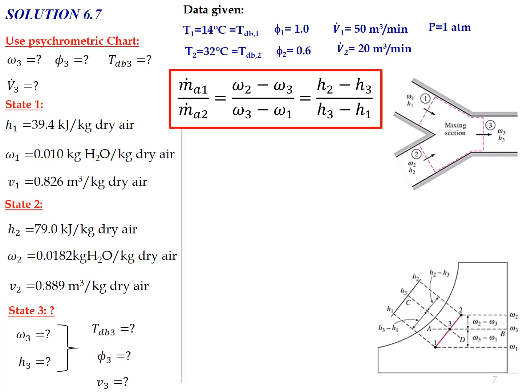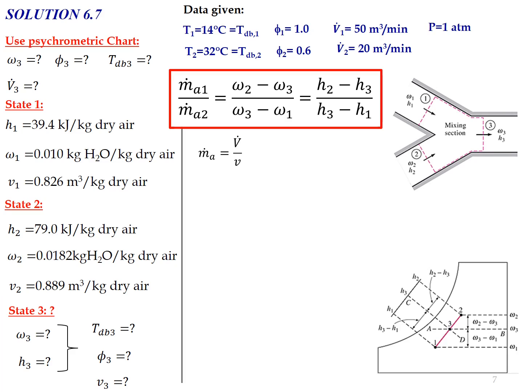Okay, so now we need to implement the equation that we have learned for the mixture, where we have the relationship between the mass flow rate ratio, the specific humidity difference ratio, and the enthalpy difference ratio.